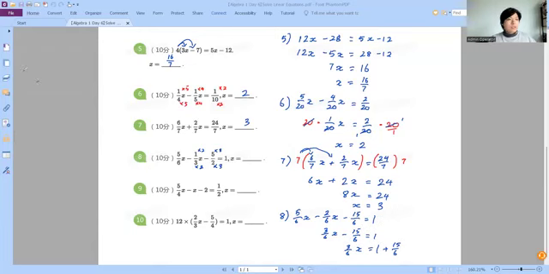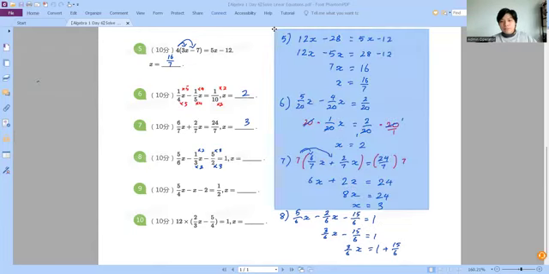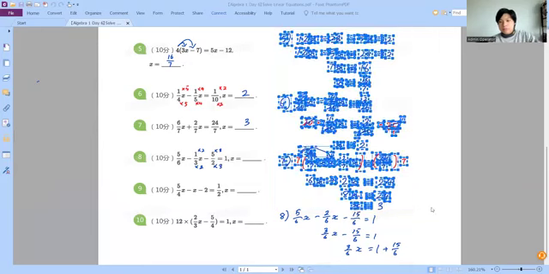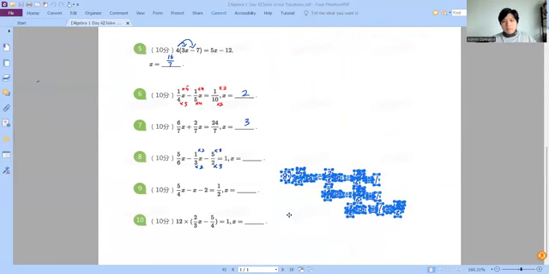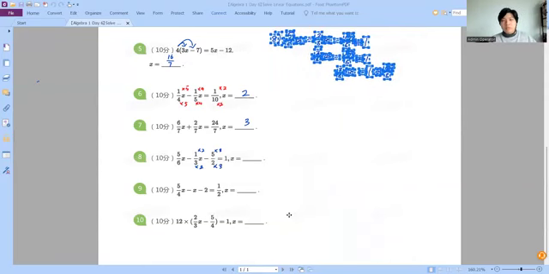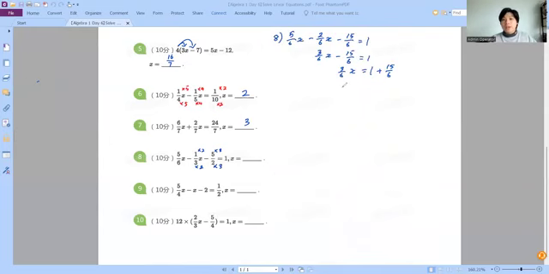Let me clear up a little bit of space here for my equation. I'll move it up here. Okay, so 3 out of 6x is equal to 1 plus 15 out of 6.